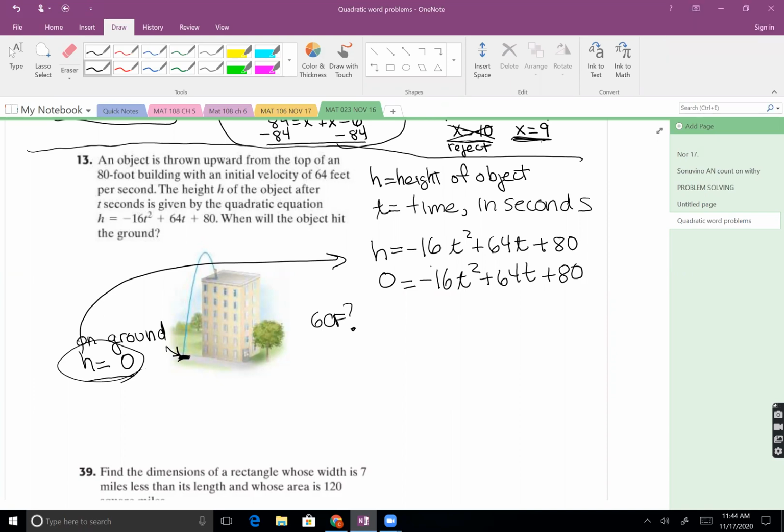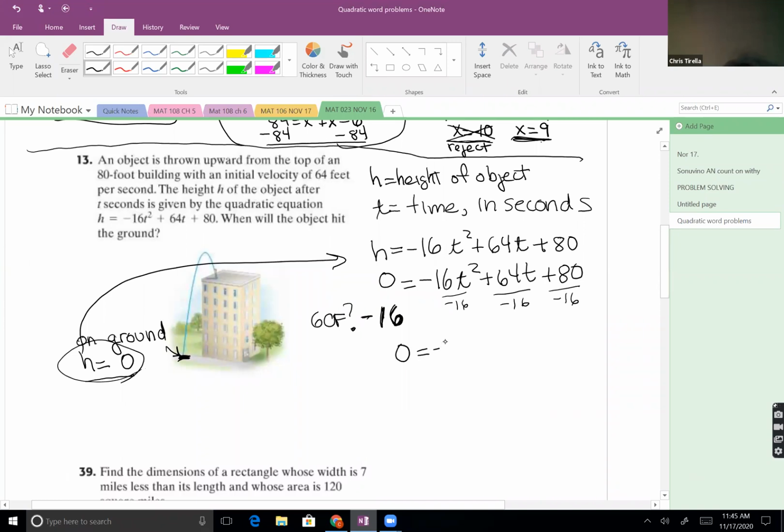I'm thinking we can even go bigger than 8. I'm thinking they all divide by 16. And because this leading one is negative, let's take out a negative 16. So I want to think of taking each of these and dividing them by negative 16. And that gives me 0 equals negative 16 times, that would be positive t squared minus 4t minus 5.